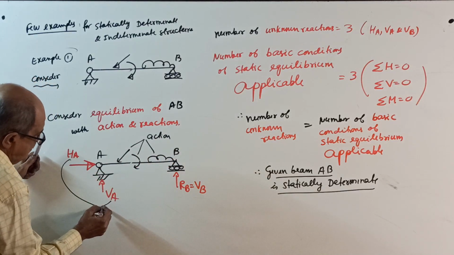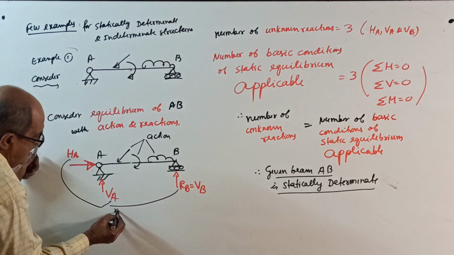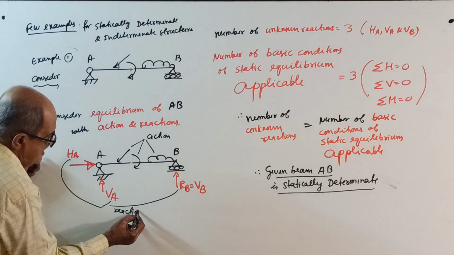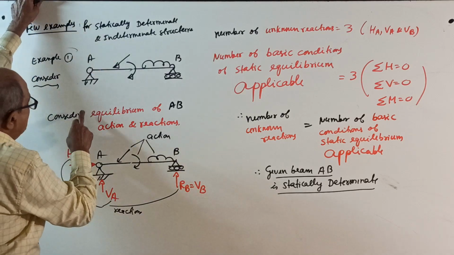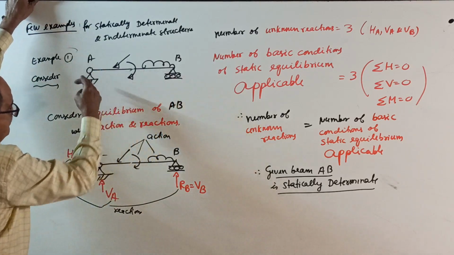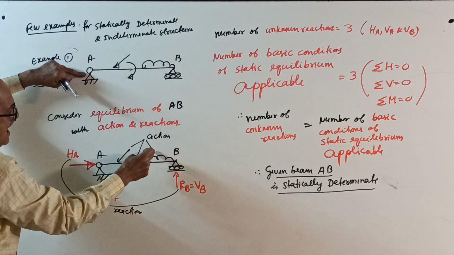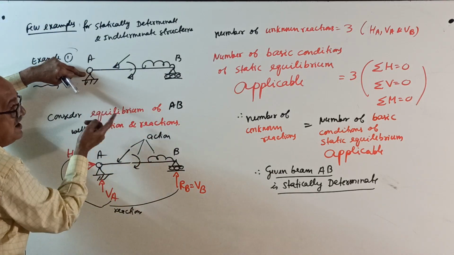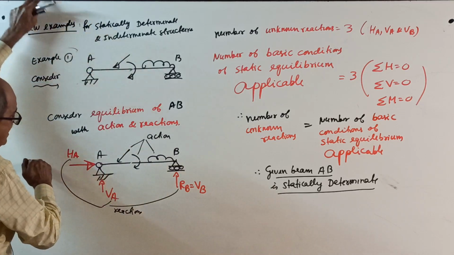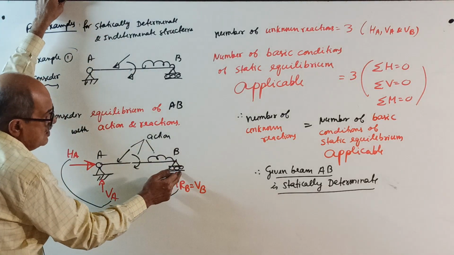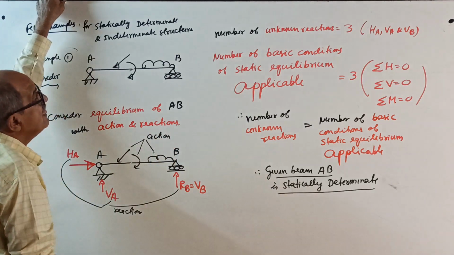This one and this one are reactions. Now consider equilibrium of AB with action and reaction. At A, the action is already over. A is a hinged support: vertical reaction, horizontal reaction. B is a roller support: only one reaction.